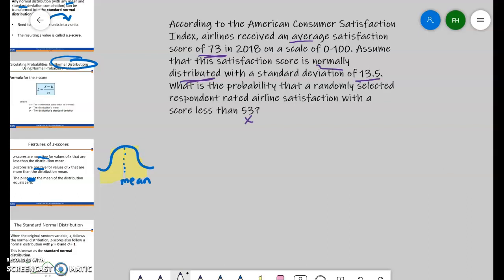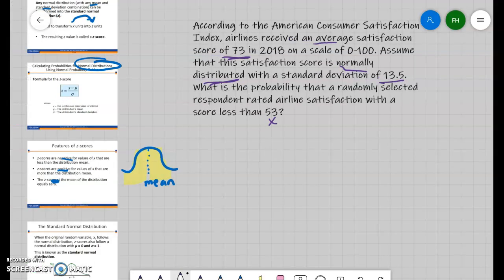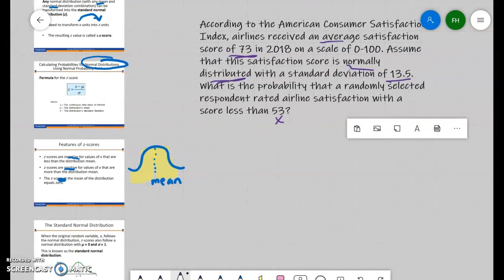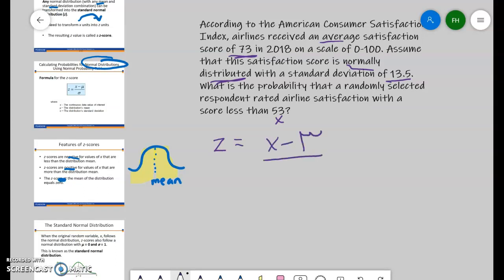Now in this video, we're not going to work the entire problem. We're going to start the problem off. To find the probability, you first have to change x into a z-score. So we would use our formula z equals x minus the mean over the standard deviation.